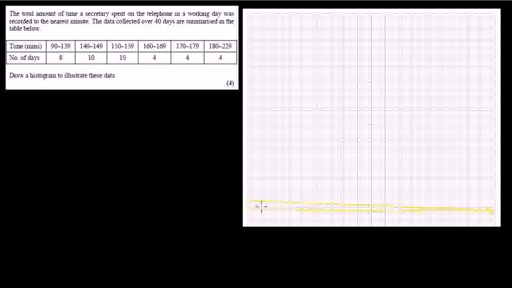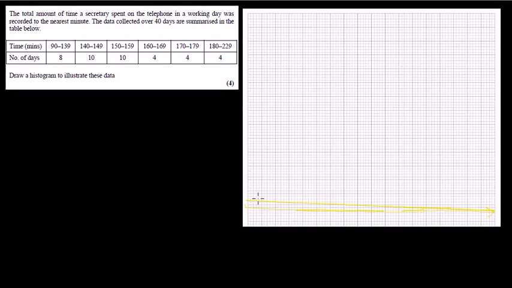If we draw an axis here, then it cannot start from 0 right away. It has to start from 90. So this is a problem here, because you cannot just start from 90. So this is called a broken line. We can give a broken line here.